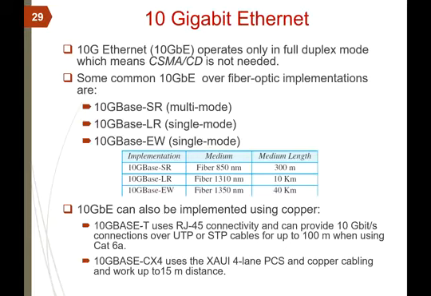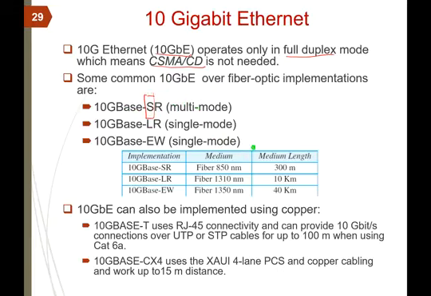And here is the last slide. The implementations: 10 gigabit Ethernet, sometimes we refer to it as 10 GbE, operates only in full duplex, so half duplex is no longer used, which means we don't use carrier sense multiple access collision detection. Some common 10 GbE over fiber implementations are 10G base SR. S means short range or short reach.